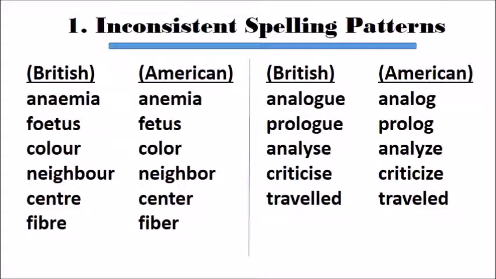The first set of errors we look at would be the ones that affect spelling patterns. So we tag this inconsistent spelling patterns. We know that the English language has different varieties.